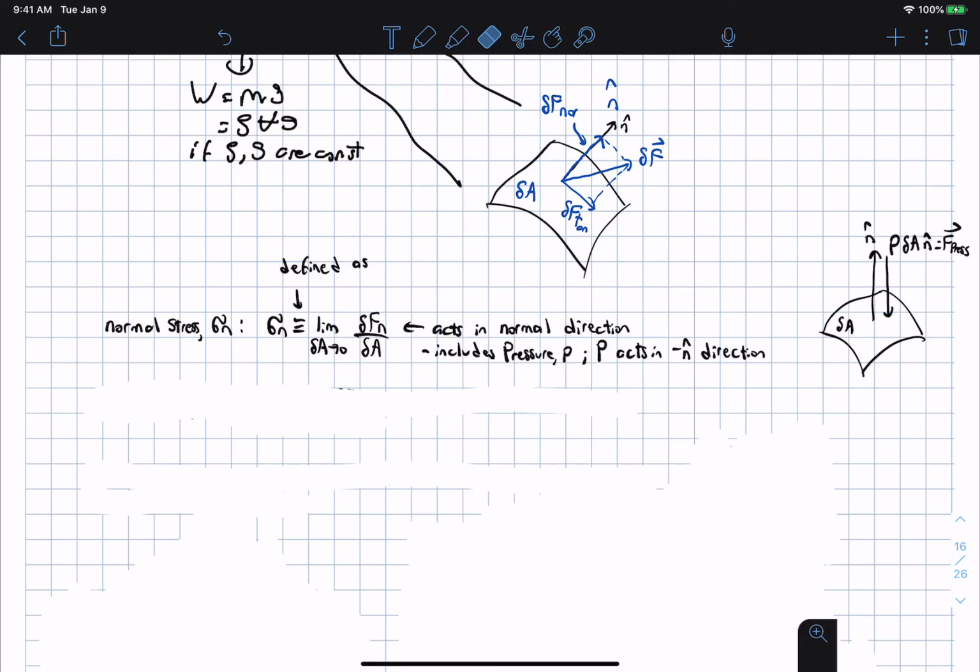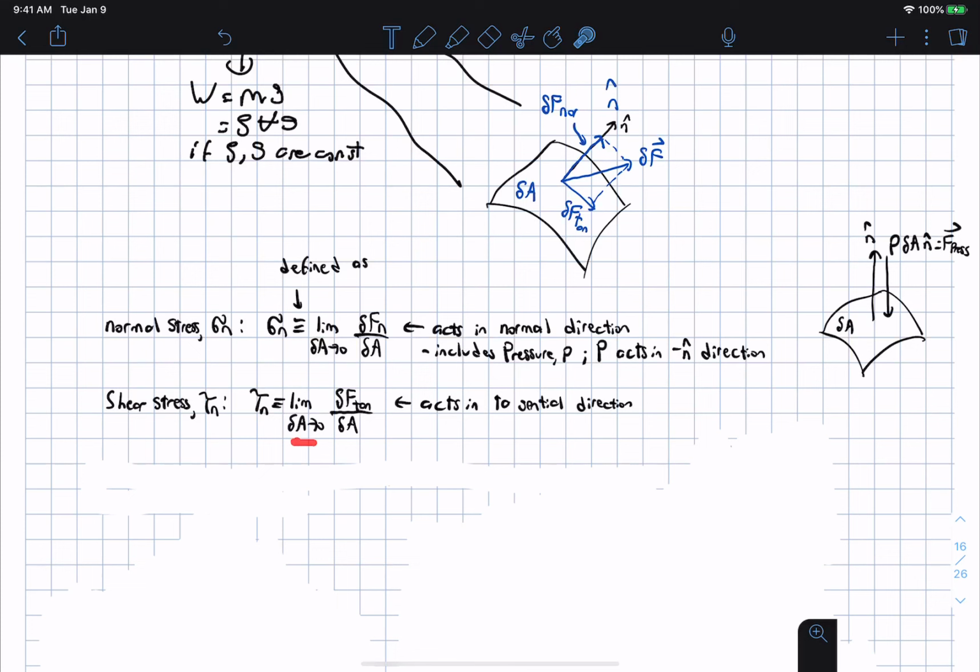And then there are shear stresses, which are normally denoted by tau. Tau is just the limit, as the area of this differential patch goes to 0, of the net tangential force divided by the area.